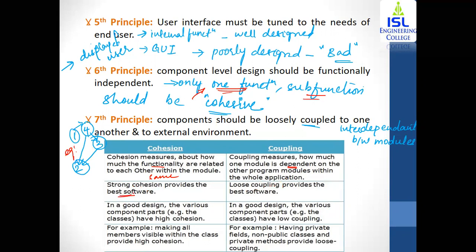Now, strong cohesion provides the best software. That is, you need to focus on one function per component at a time. Whereas loose coupling also provides the best software. That is, modules should not be dependent on other modules.